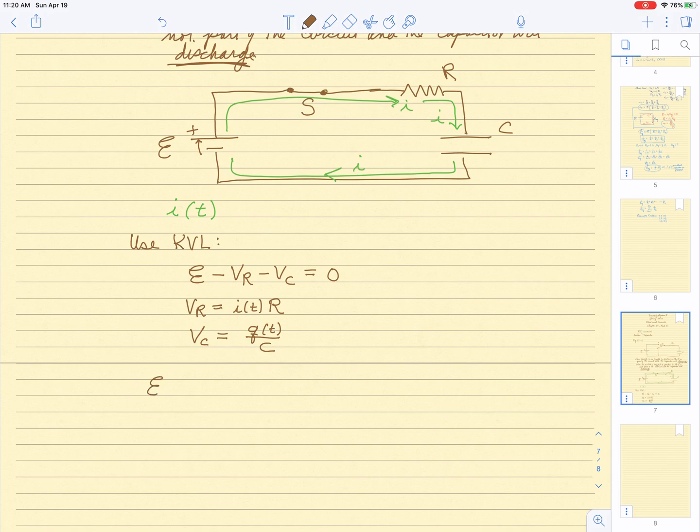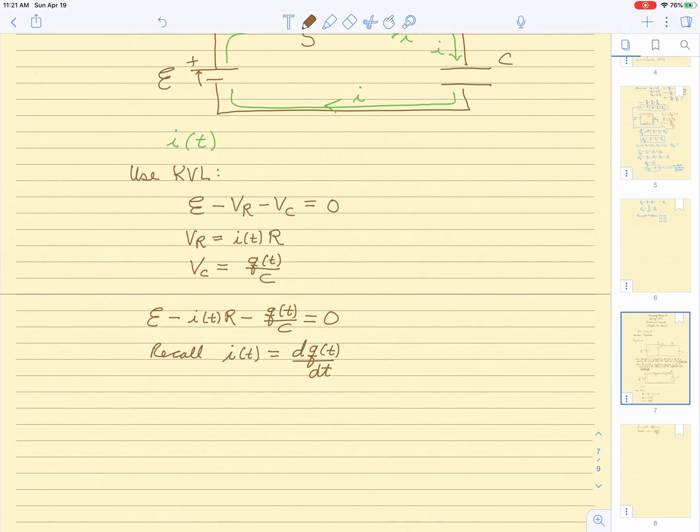So then we have EMF minus I as a function of t times R minus Q as a function of t over C is going to be equal to 0. Let's recall that the current is equal to the time rate of change, or the first derivative of the charge.